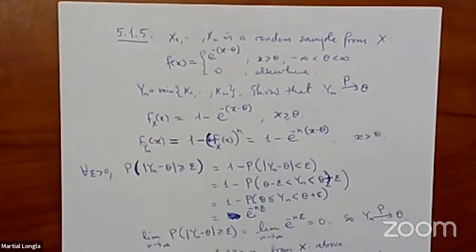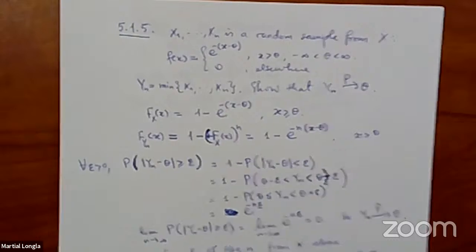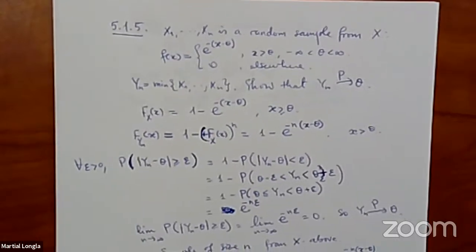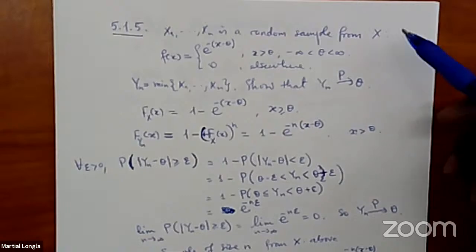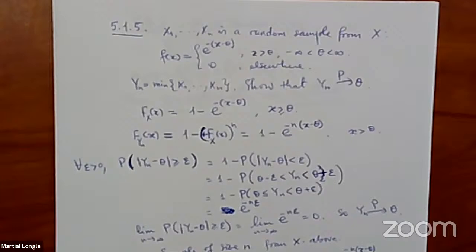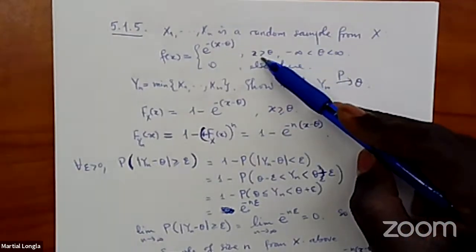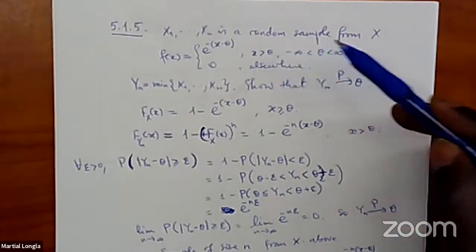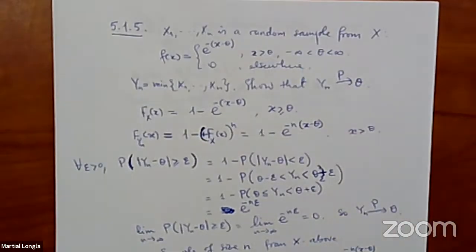The next problem, and that's where I was asked at the beginning of the lecture to talk about distribution. That's where we are. So, the first question is, you have a random sample, x1, x2 up to xn, from a distribution x that has PDF e to the negative (x minus theta), and 0 otherwise, for x larger than theta, with theta between negative infinity and infinity.